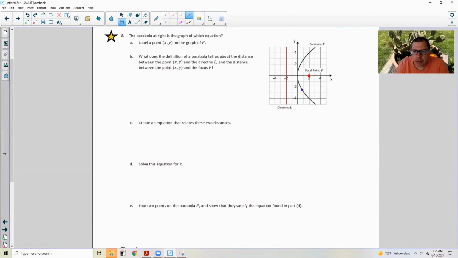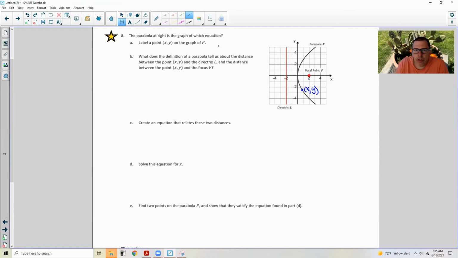I could put it here, and that is the point X comma Y, and it's on the parabola P. B says, what does the definition of a parabola tell us about the distance between the point XY and the focus and XY and the directrix?